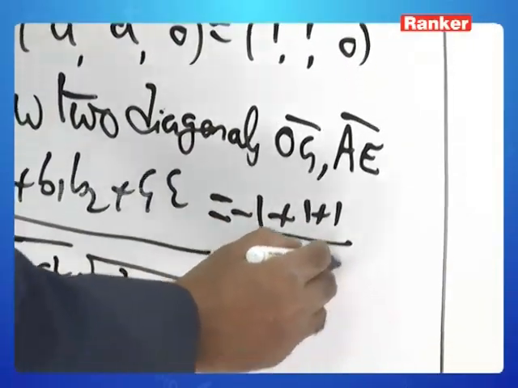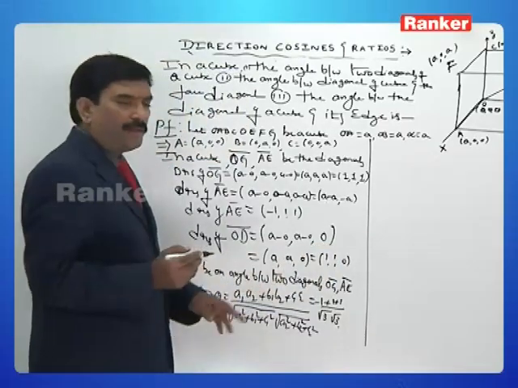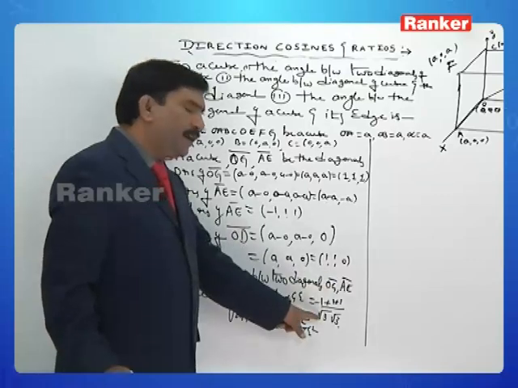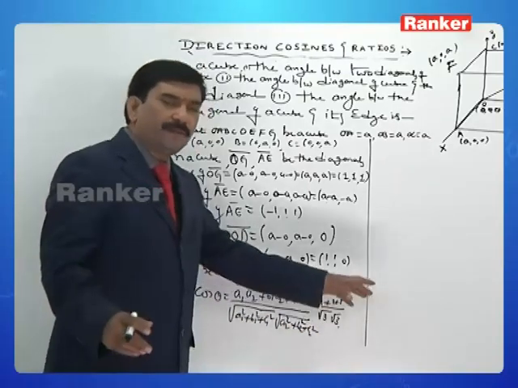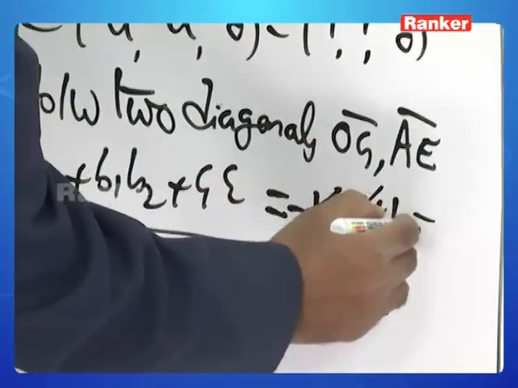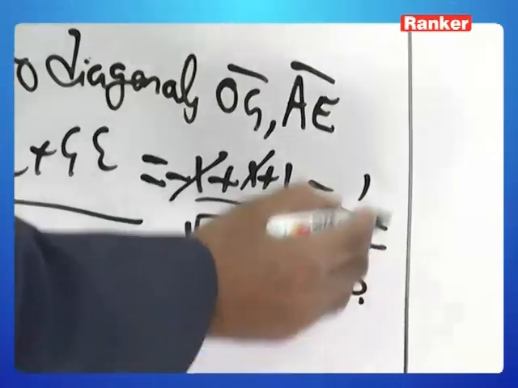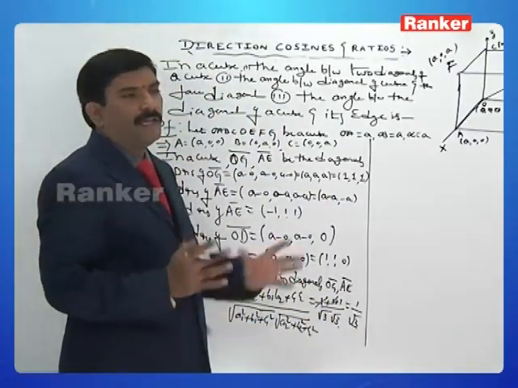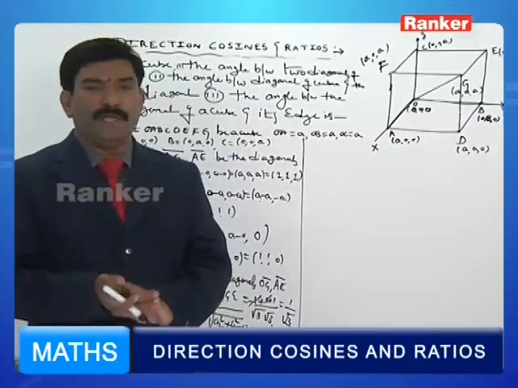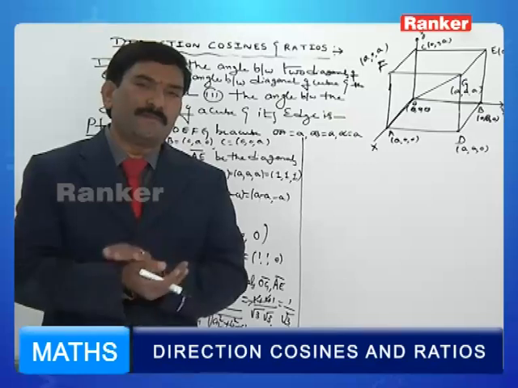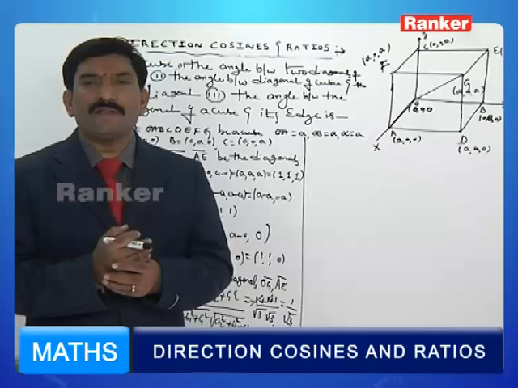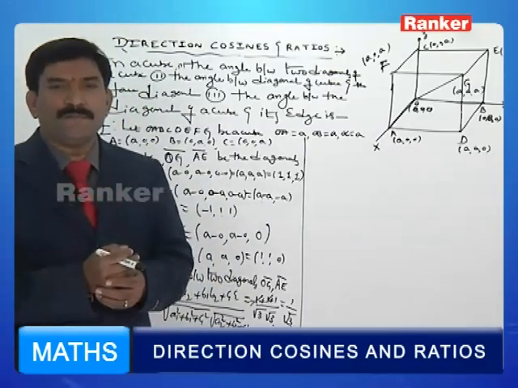The denominator is root 3 into root 3, since the square root of 1 plus 1 plus 1 is root 3 for each. So the numerator is minus 1 plus 1 plus 1, that is 1, and the denominator is 3. Now listen here: the angle between two diagonals of a cube is given by cos theta equal to 1 by 3. Therefore theta is equal to cos inverse of 1 by 3.